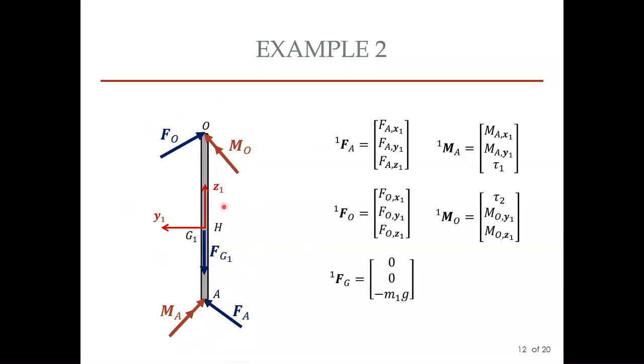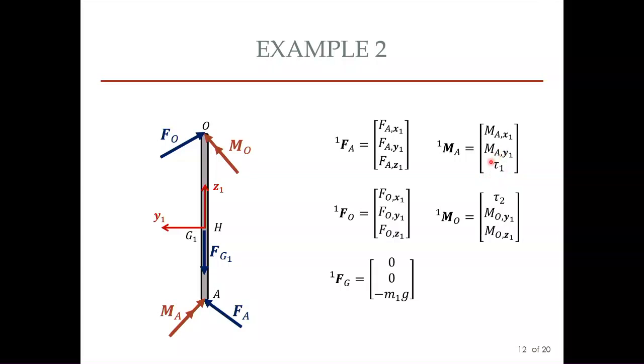So this is the vertical link. I randomly chose to do it all in frame 1, which is attached to this link, but I could do that in other frames. However, frame 1 gives a good choice for representing this MA and MO with one component.